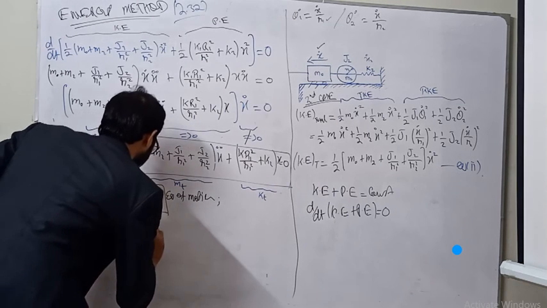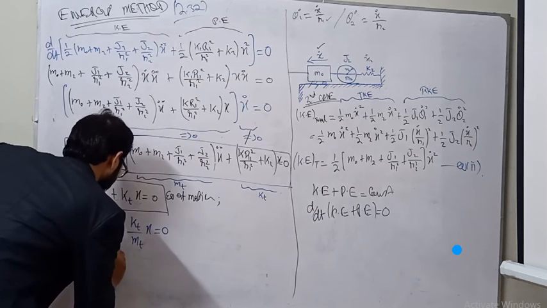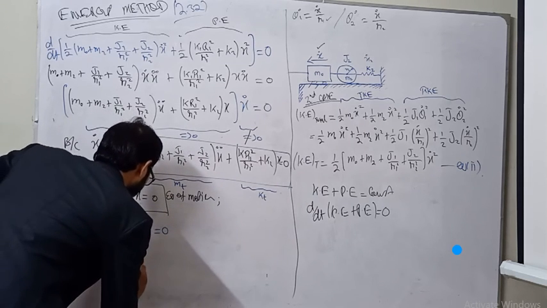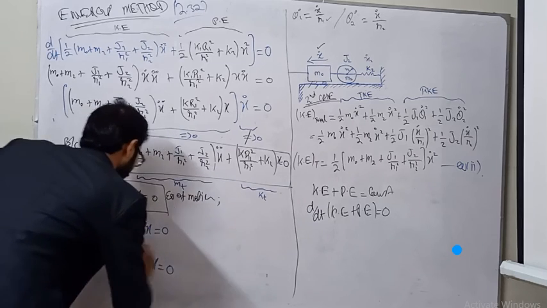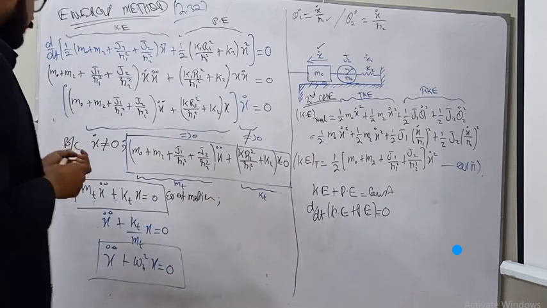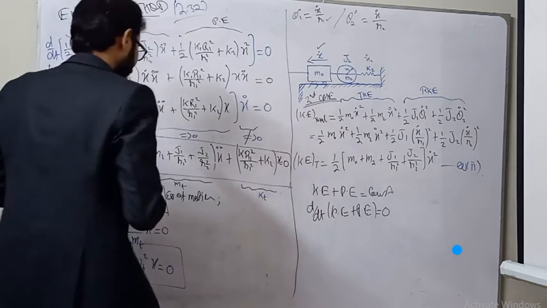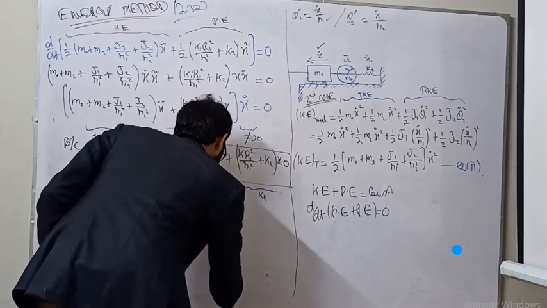So x double dot plus kt over mt into x is equal to 0, that is, x double dot plus omega n square into x is equal to 0. So we can see the natural frequency of this body, and when we convert it into the actual natural frequency, that is Fn.